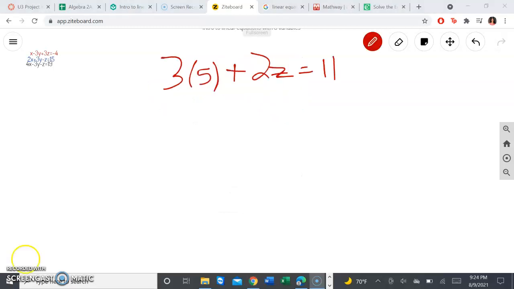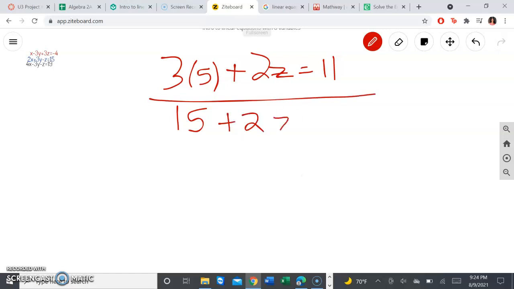First equation that we got from combining two original equations, and I've put 5 in for x, and so 3 times 5 is 15. I'm going to put a bar here to separate, plus 2z equals 11. Now we have that.